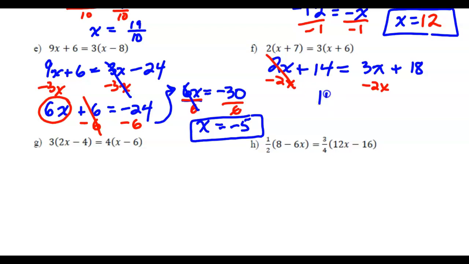So now 14 equals x plus 18. That one's pretty straightforward because it's just x. So when we subtract 18, 14 minus 18 is negative 4.